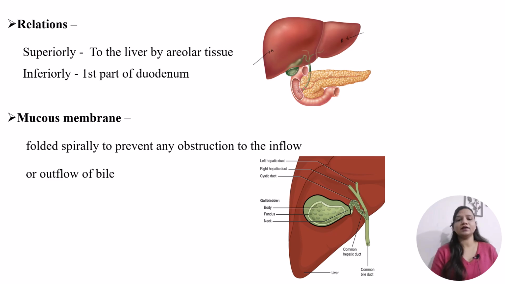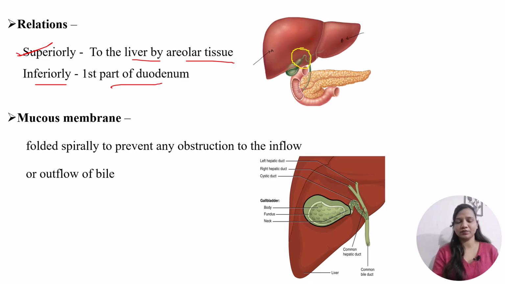Now let's see the relations of the neck. So first, superiorly the neck of the gallbladder is related to the liver by areolar tissues. As you can appreciate here in this picture, this is the neck of the gallbladder which is related to the liver by areolar tissues, and inferiorly it is related with the first part of the duodenum.